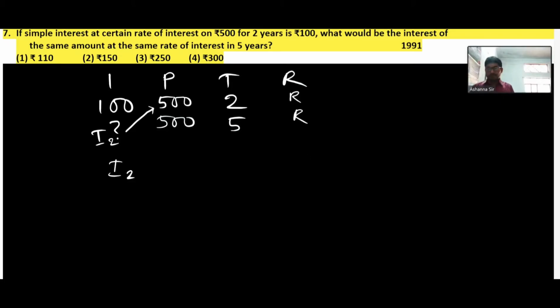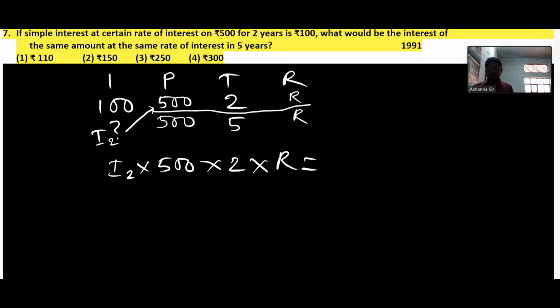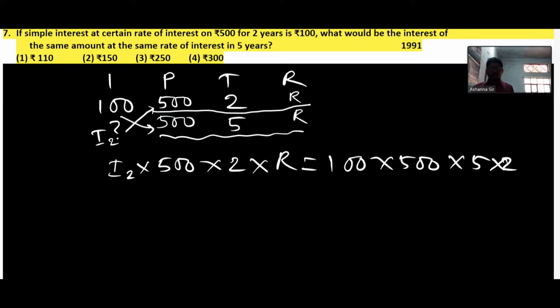See children, I2 into 500 into 2 into R is equal to, now write this, 100 into 500 into 5 into 2.